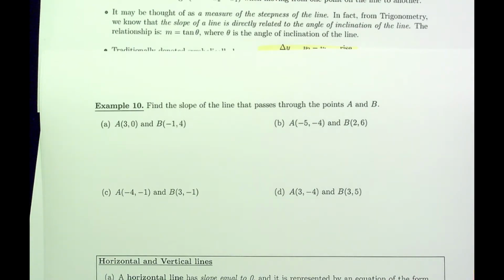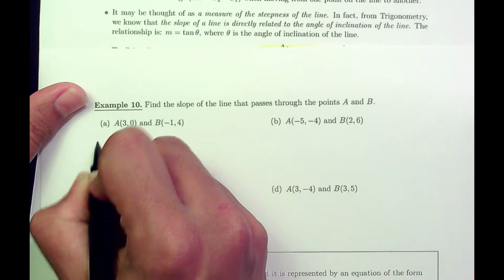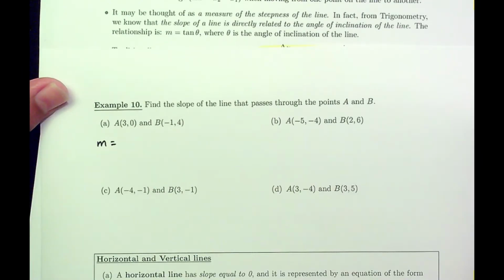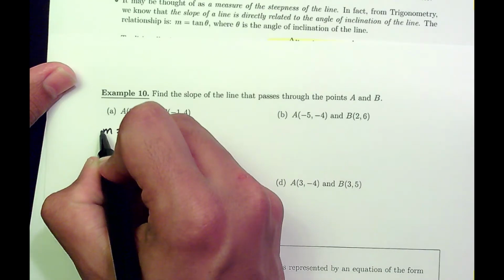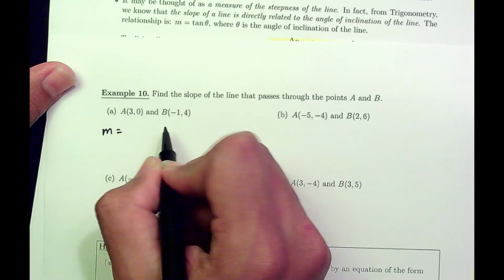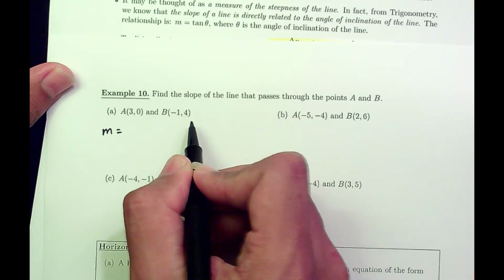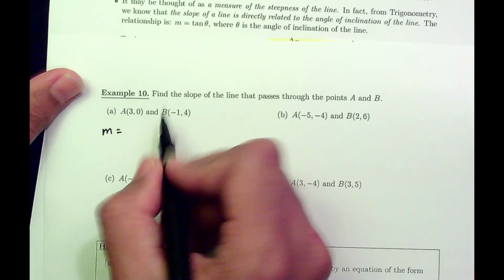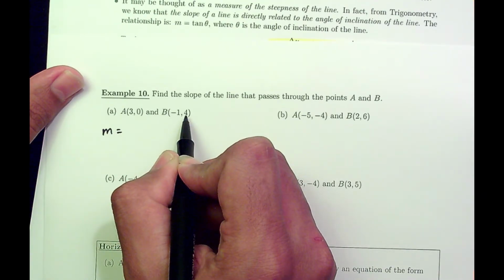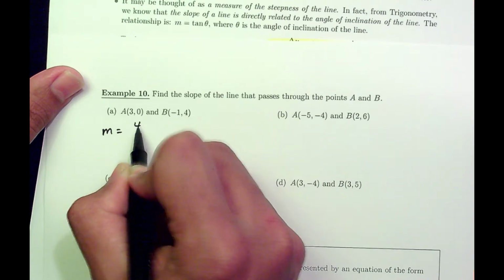The slope, which is denoted by m, is going to be, you subtract the y's. I like doing it from right to left, it doesn't matter. So subtract the y's, that goes on the top, so 4 minus 0.